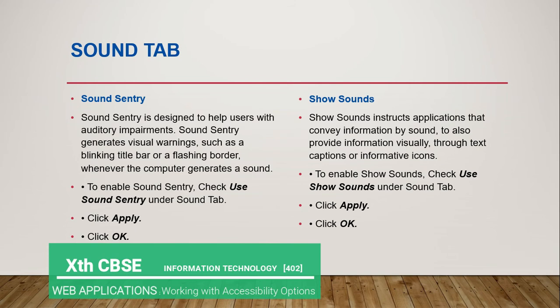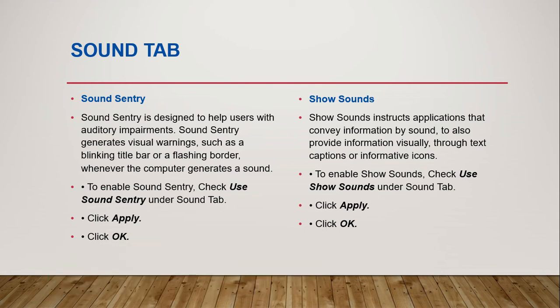Coming to the second tab, the second tab is nothing but the sound tab. What is that? Sound tab. In the sound tab, we have two options. The first one is sound sentry, the second one is show sounds. Sound sentry is designed to help users with auditory impairments.